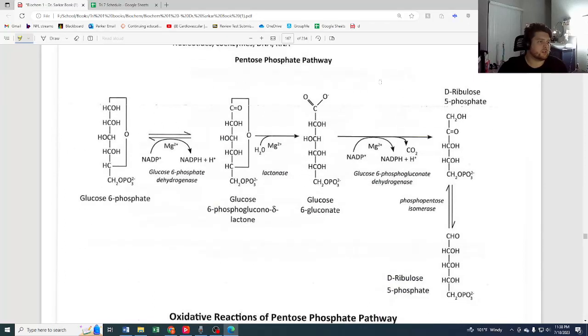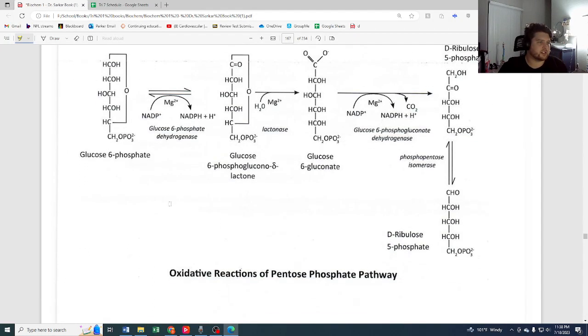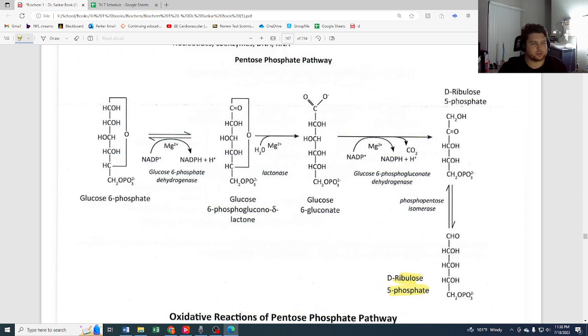And here is our nice chart of our pentose phosphate pathway, the different steps, going step by step. This whole process to create, getting that ribulose. Remember that ribulose. Hold on one sec. I think there might be a typo here.